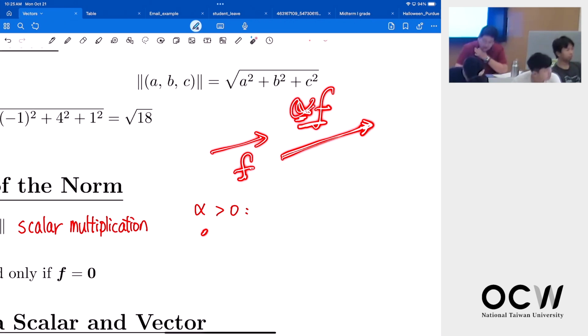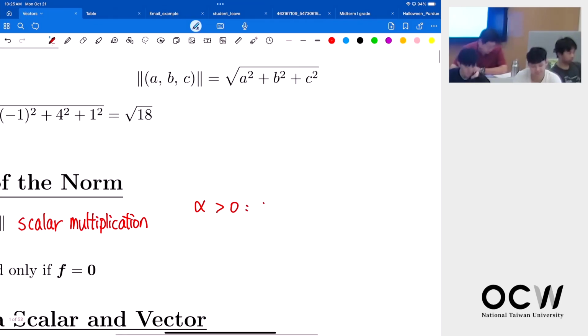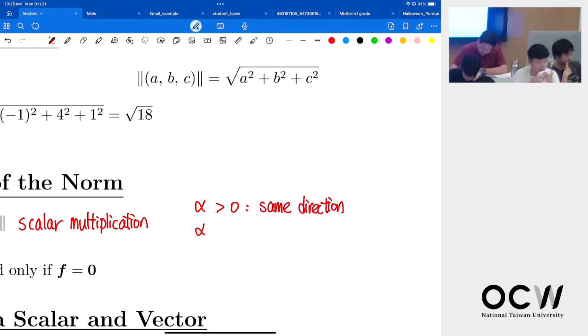If alpha is negative, like -2f, then we go the opposite way. So same direction when alpha is greater than 0. When alpha is negative, it is in the opposite direction.